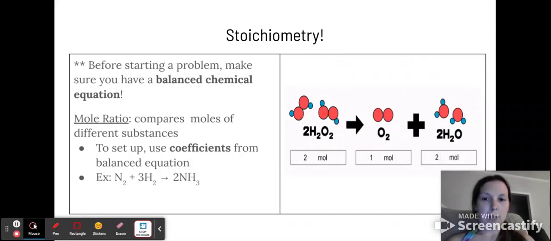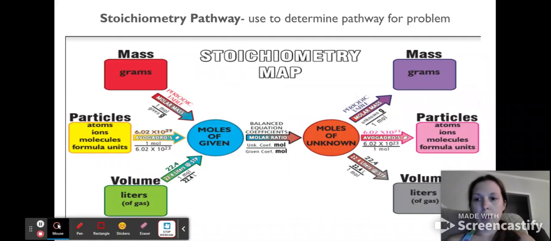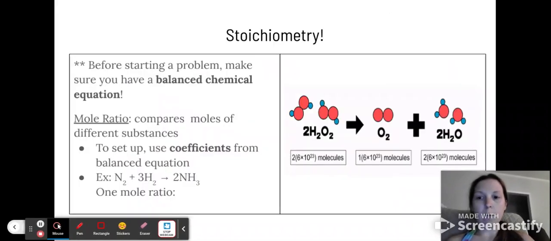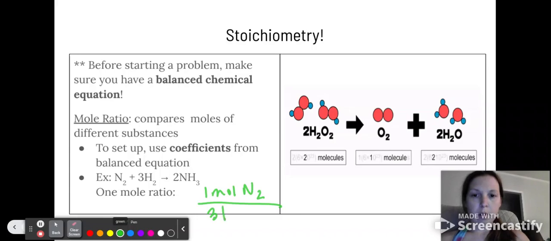For a balanced chemical equation of the formation of ammonia, an example of a mole ratio, just one of them, would be 1 mole of N2 for every 3 moles of H2.